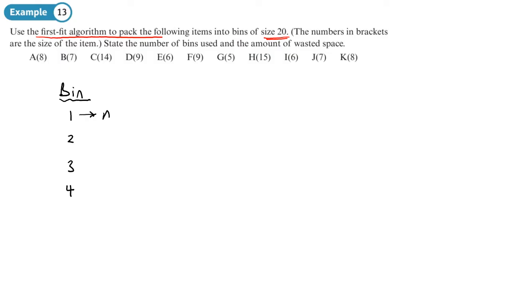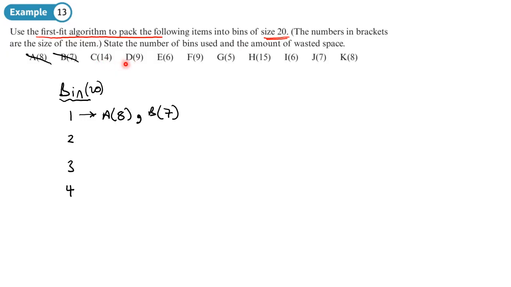Okay, so I can get item A in each bin. Remember, each bin has a size of 20. So I can get item A in there. And then item B, because that's 7, so that's now 15 of the 20 used up. So we'll cross these off. So what happens now with the first fit is you skip items which don't fit.